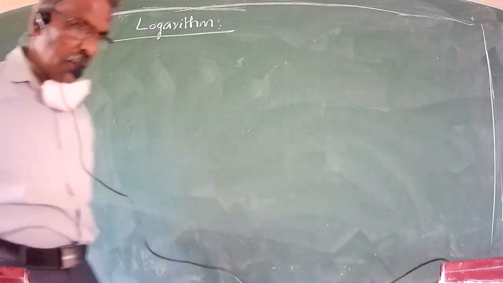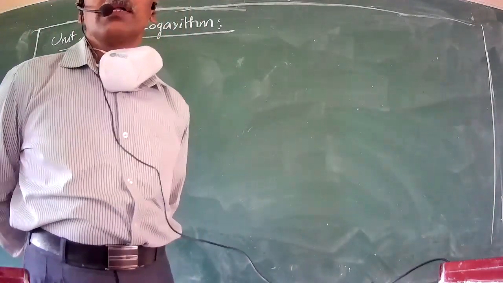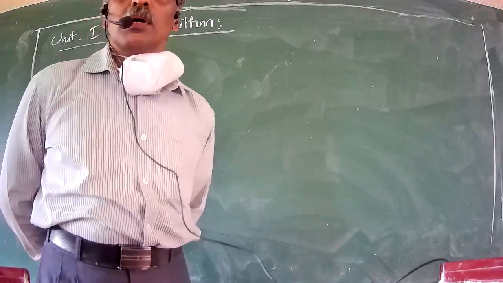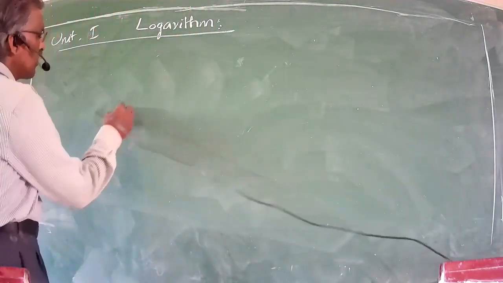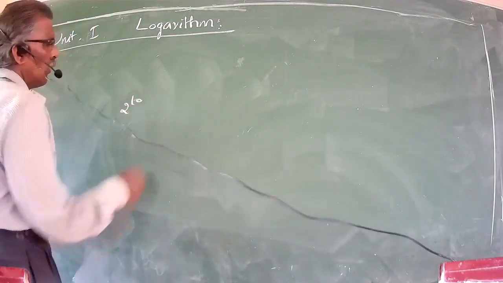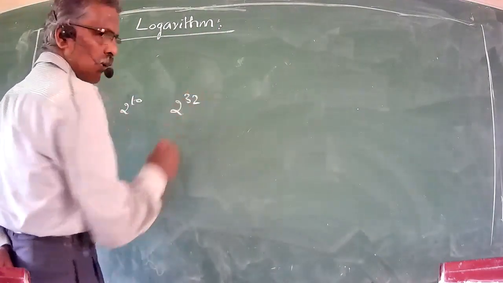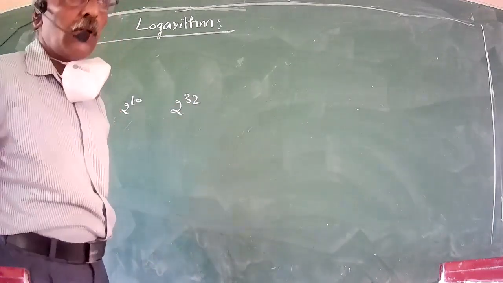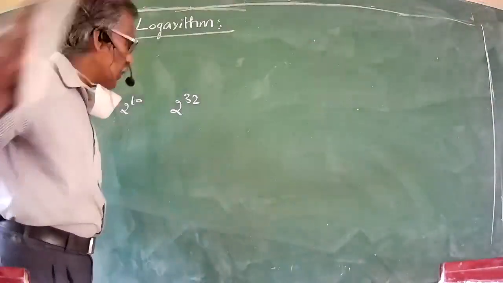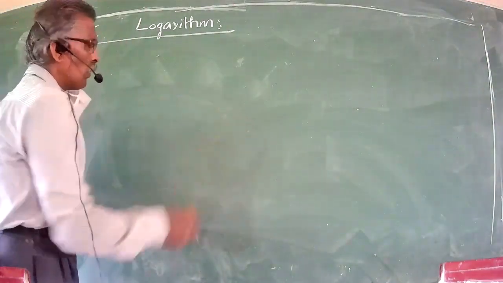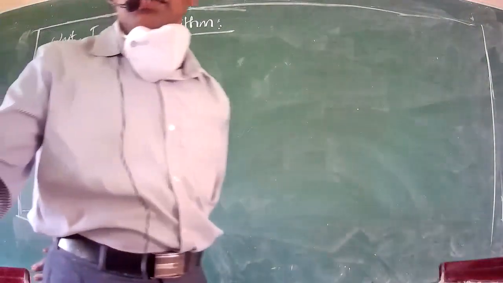Let us see what logarithm is. Whenever you have huge calculations, say 2 raised to 10 or 2 raised to 32, how do you answer problems like this? Earlier there were no computers or calculators.